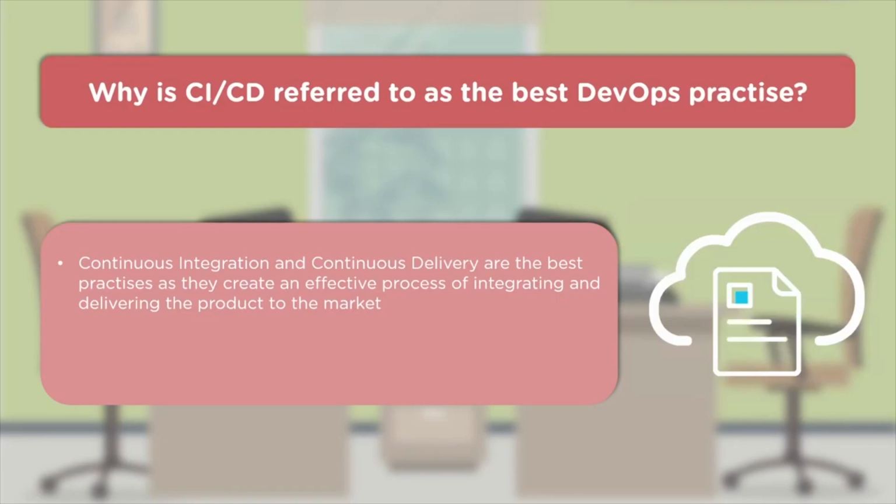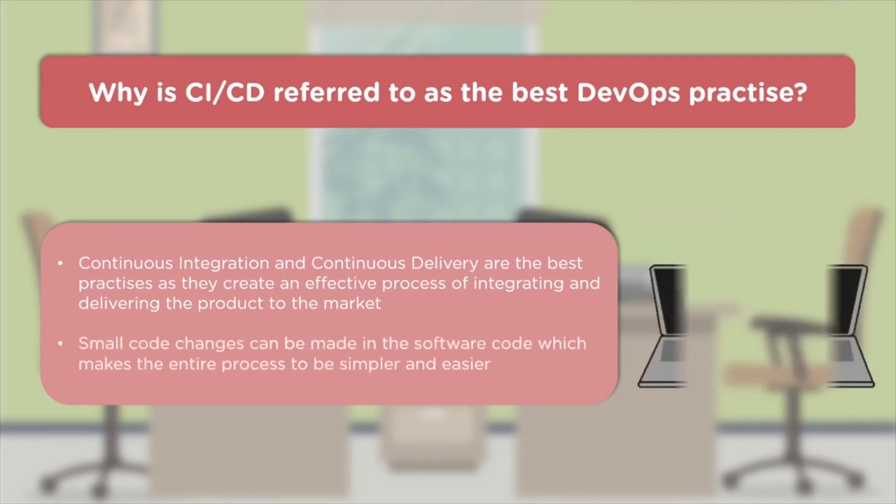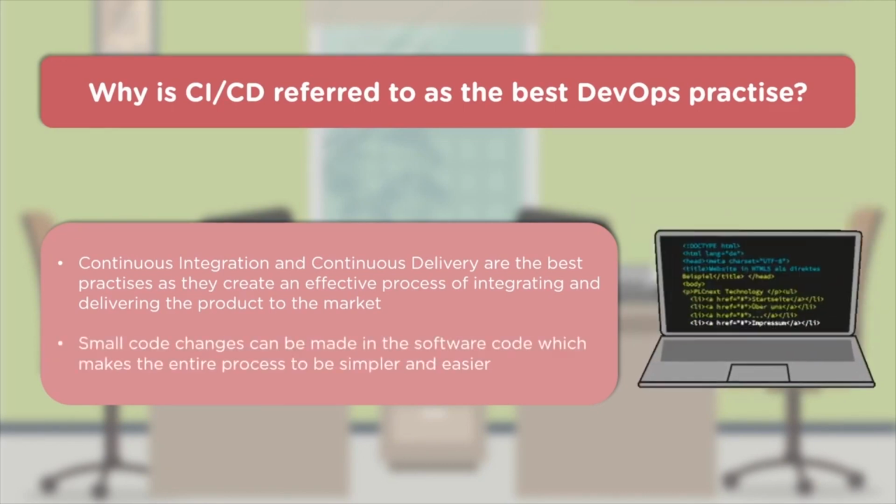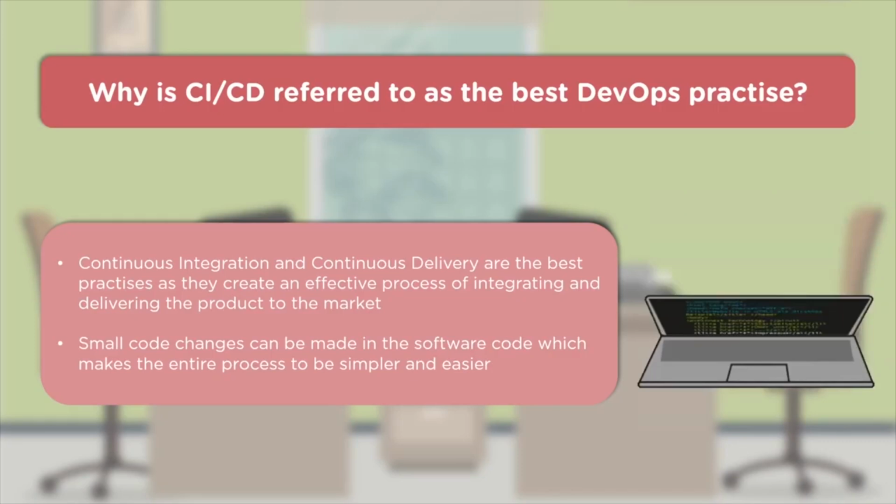So how are they going to do that? That is where CI/CD, or continuous integration and continuous delivery, helps. That's the reason they can help the development teams go for an effective process implementation when we adopt these two practices. Small code changes can be easily made in the software code, so you don't require much effort.